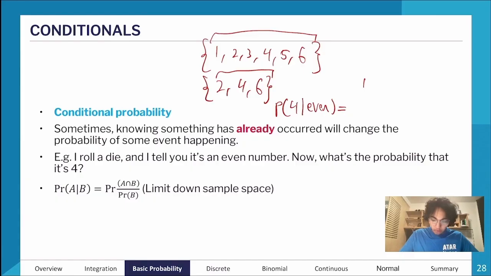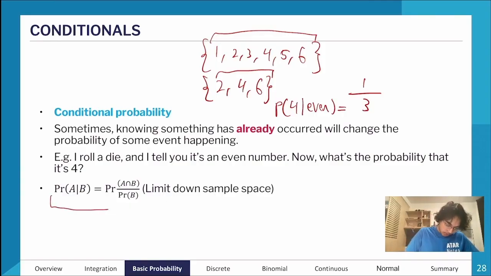In the top, I have 1 out of 6, which makes sense: the probability of getting a 4 on a 6-sided die is 1/6, just rolling it randomly. But it's not 1/6 here because I've changed that sample space. I've decreased it from 1 to 6 by saying it has to be an even number, so it's either 2, 4, or 6. There are 3 possible outcomes, so I write that down. The probability of getting a 4, given that it's an even number, is 1/3.